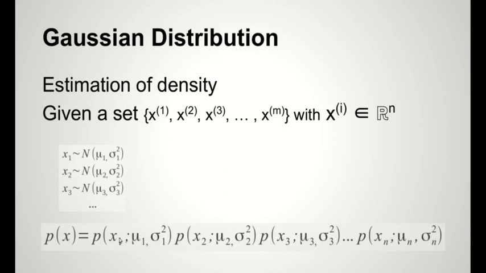Take the aircraft engine example, or some other example. Let's suppose we have an x1 variable. We calculate the mean and the variance, and this is the shape of the curve for this variable.